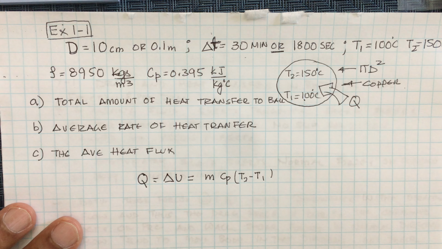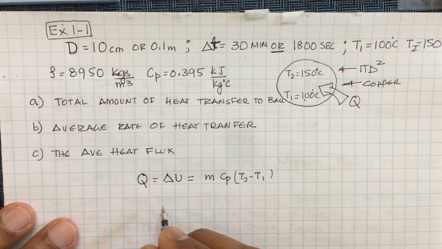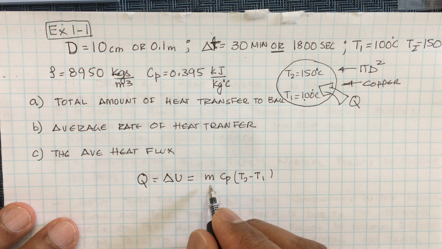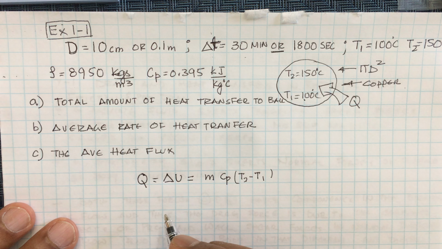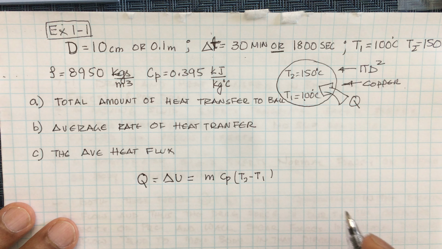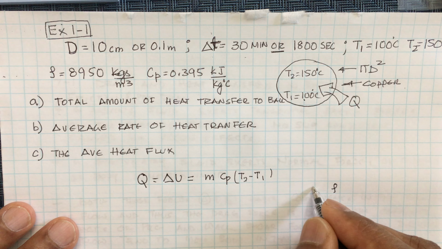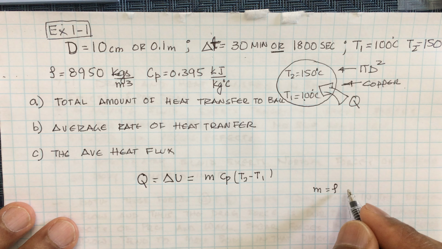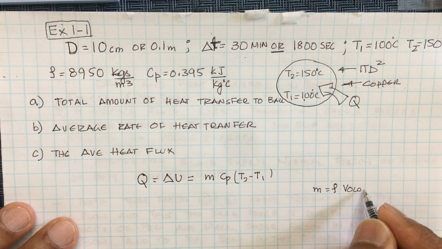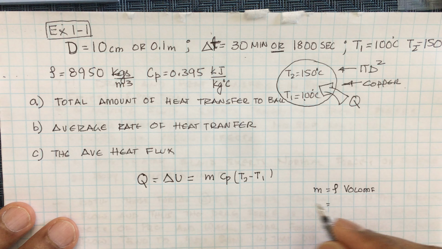And so here, to find the mass of the copper ball, we have to multiply the volume times the density. So on the side you can write mass equals density times volume. Density is given, right?